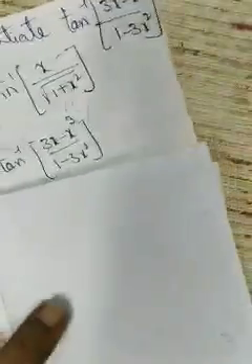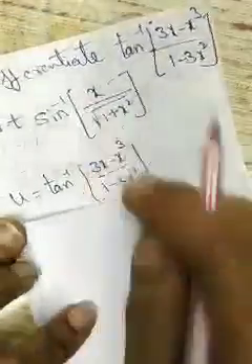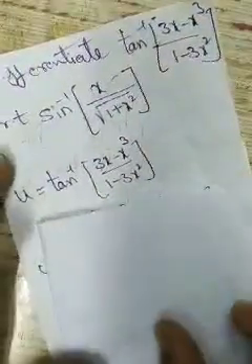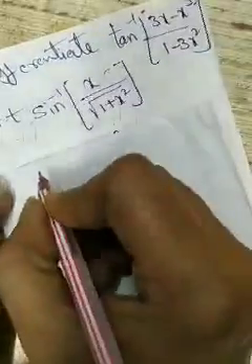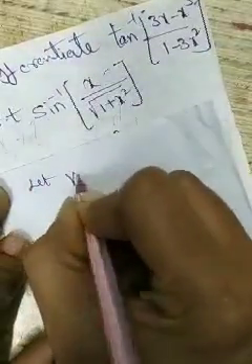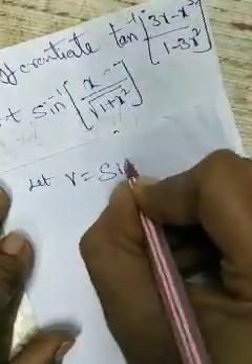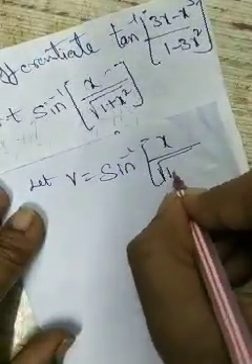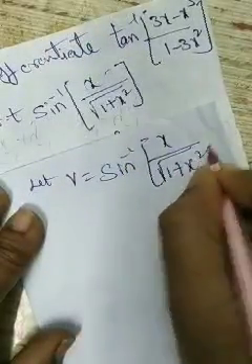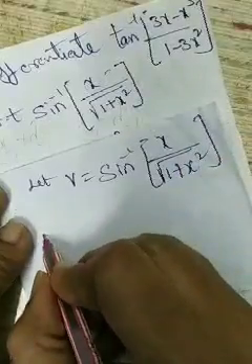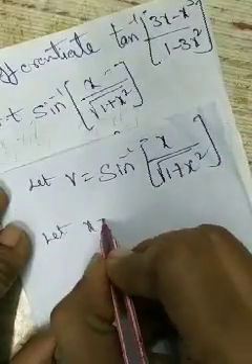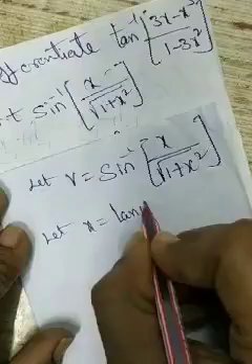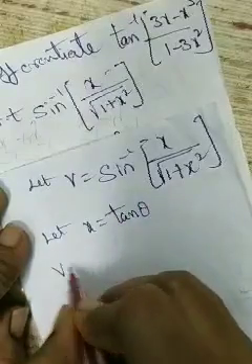Next, let us take this term as v. So let v is equal to sin inverse of x divided by root of 1 plus x square. Let x is equal to tan theta.